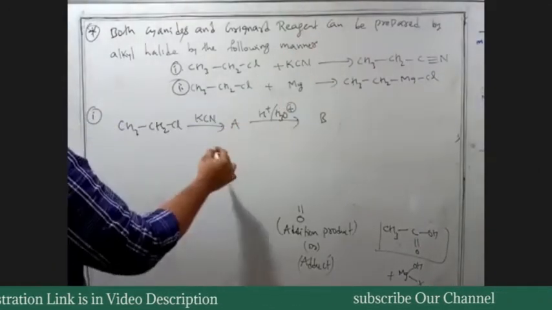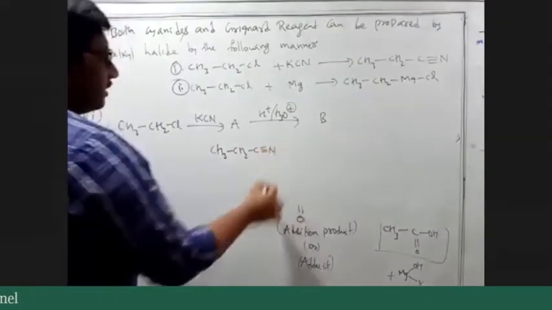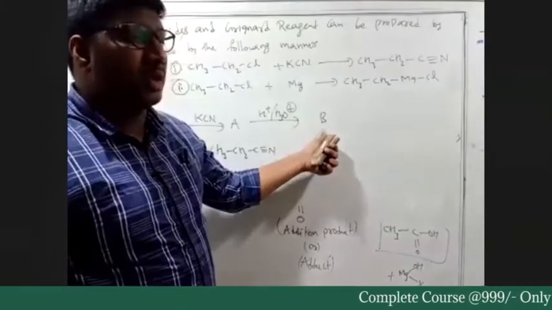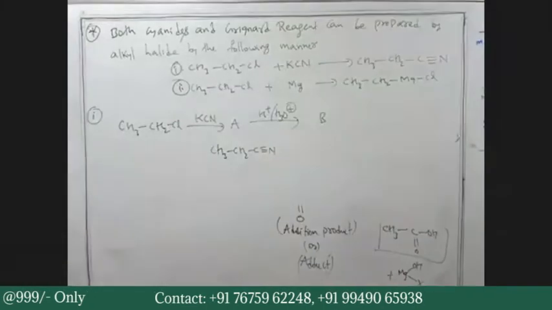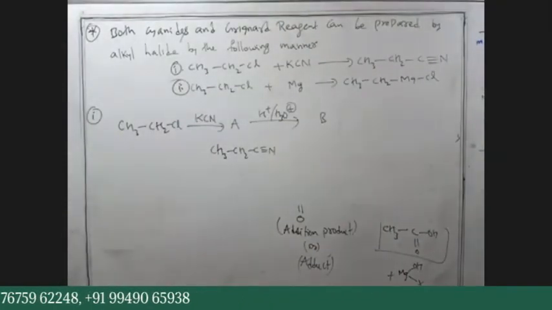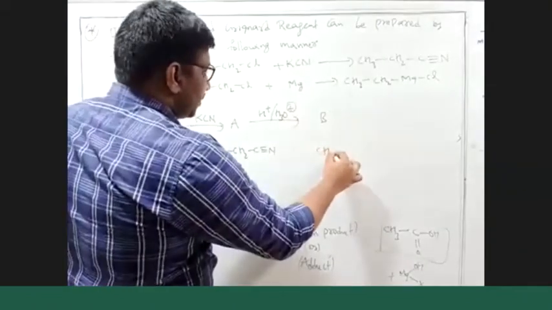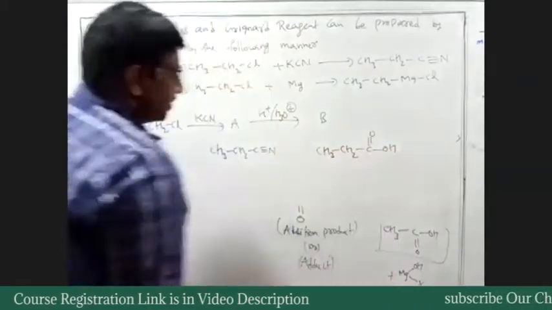A we have already written, that is CH3CH2C≡N. But when we need to write the final product B on acidic hydrolysis, B would be CH3CH2C(=O)OH. Yes or no?